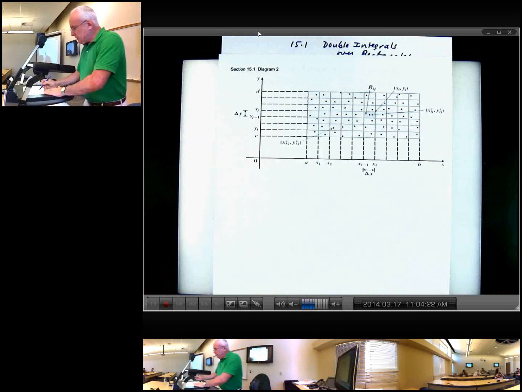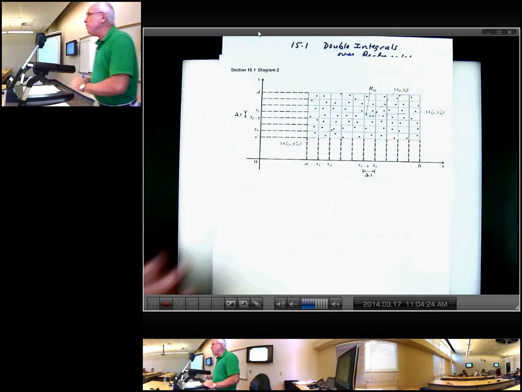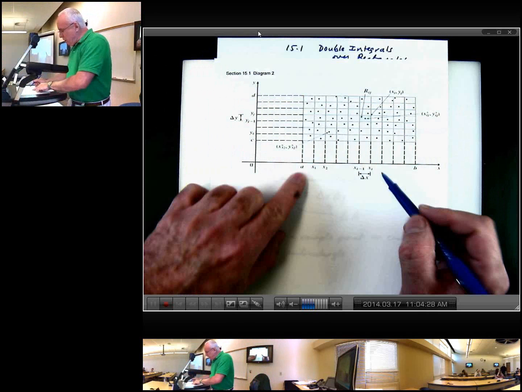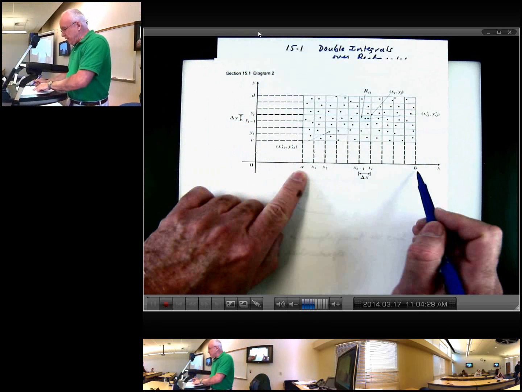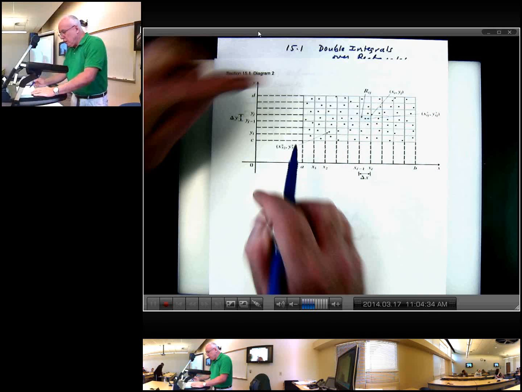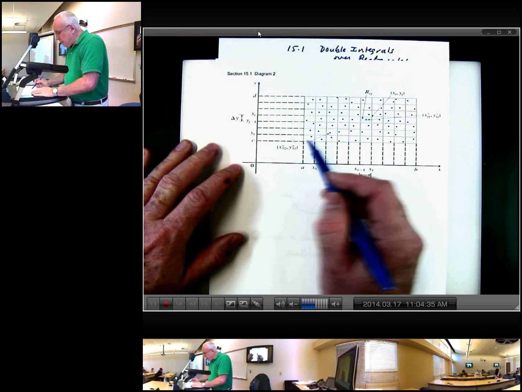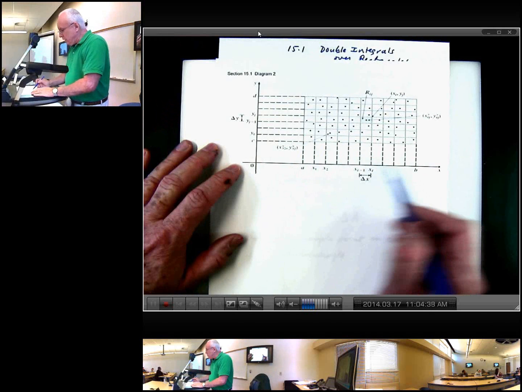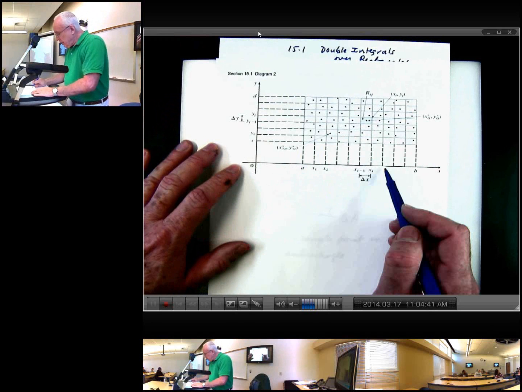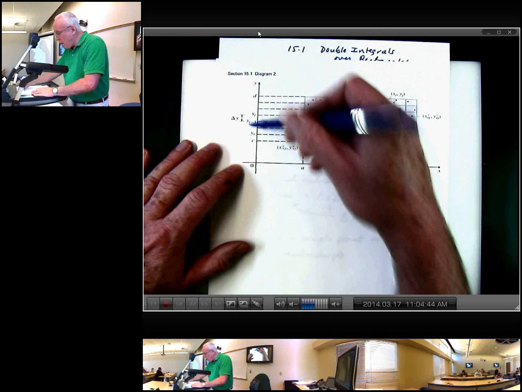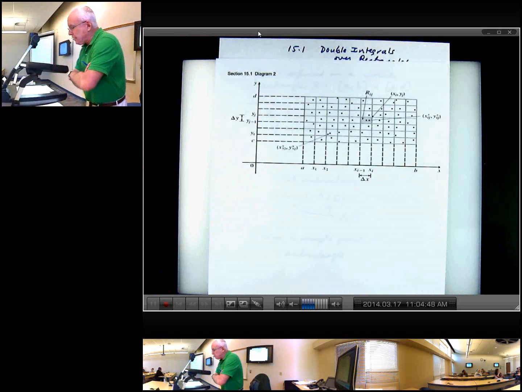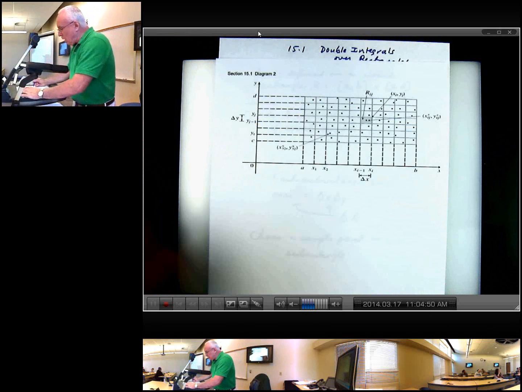Okay. This is our xy plane. We're not showing the z-axis here. And here our x is going from a to b. Our y is going from c to d. So what we do is we're dividing up the x values equally into delta x lengths, and we're dividing our y values, from c to d, up into delta y lengths.